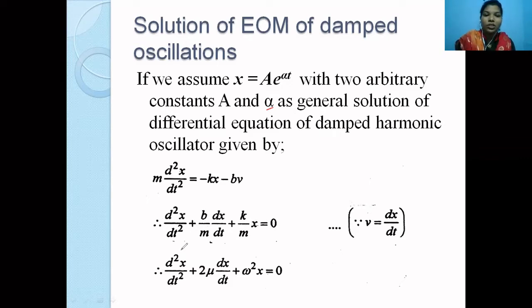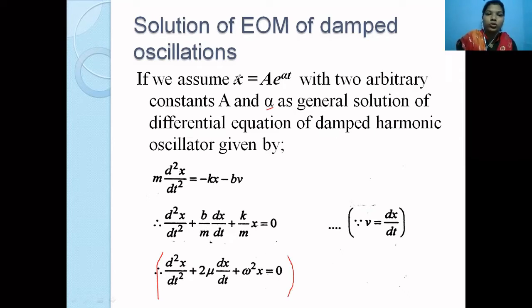Then when I rearrange it, I substitute 2 mu in the place of b by m and omega square in the place of k by m. Finally I get d2x by dt square plus 2 mu dx by dt plus omega square x equals 0. This is the most standard format of the equation of motion of damped oscillations.